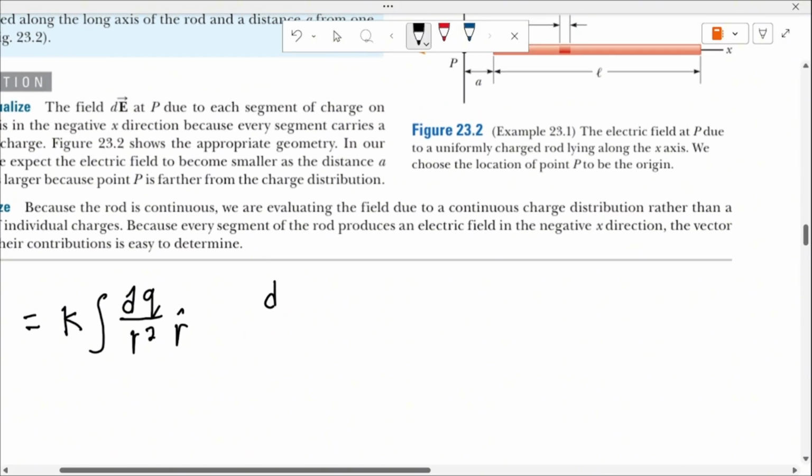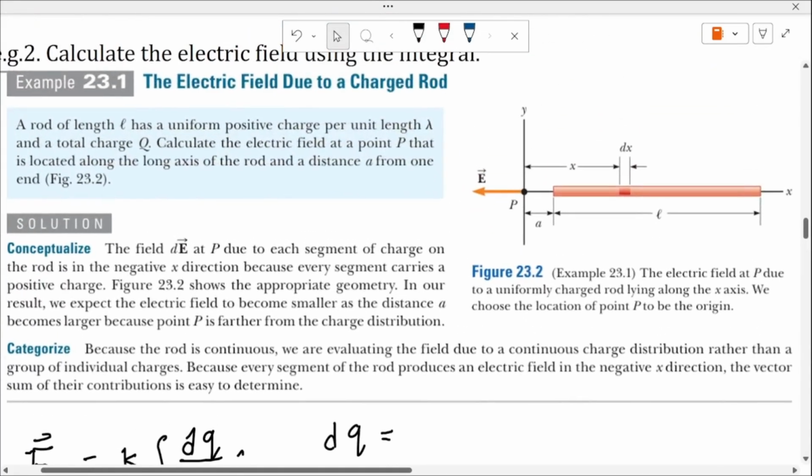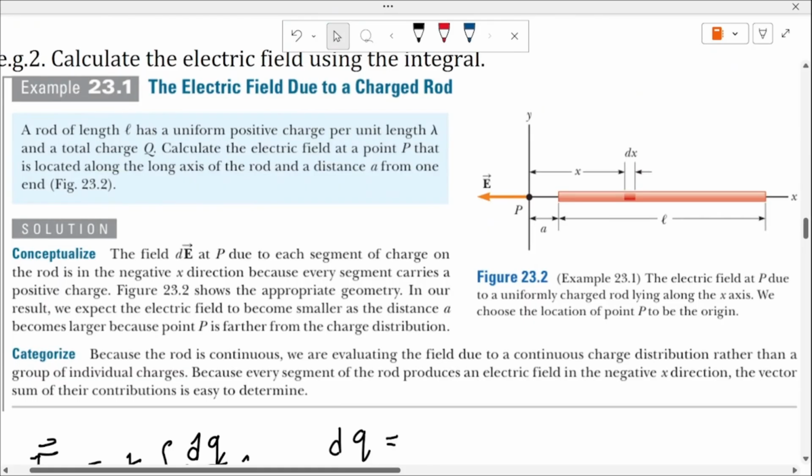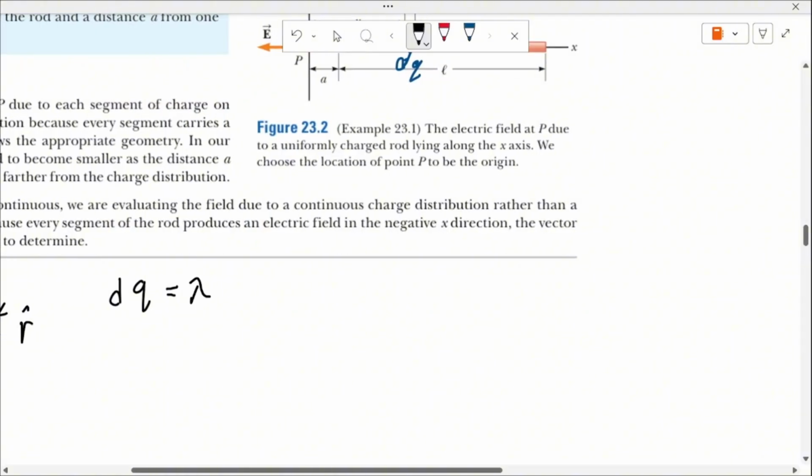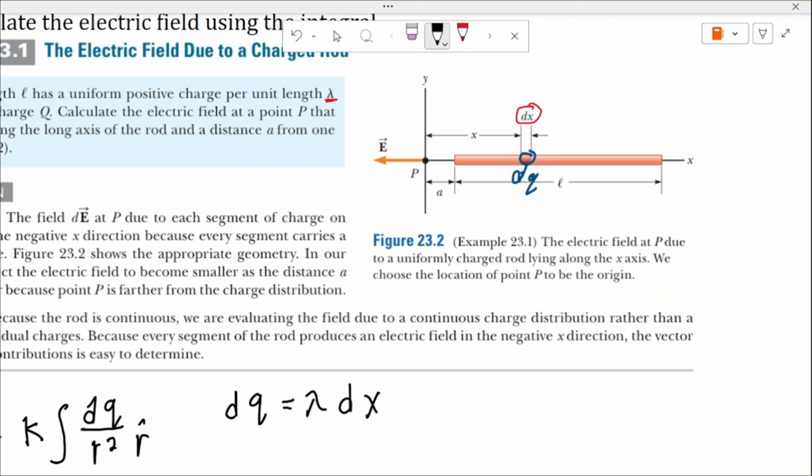Now, step 1 is finding an expression for dq. dq is going to be equal to our uniform linear charge density multiplied by dx, a tiny bit of length. So right here in this little section is dq. That's equal to lambda dx.